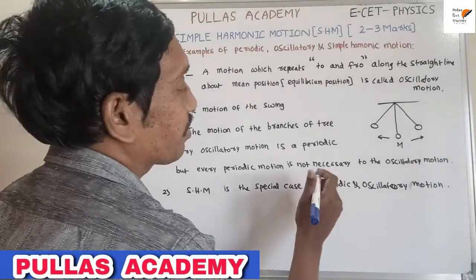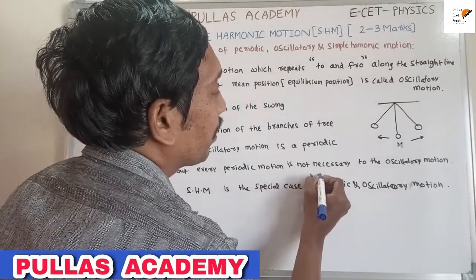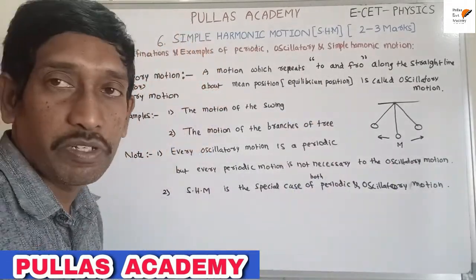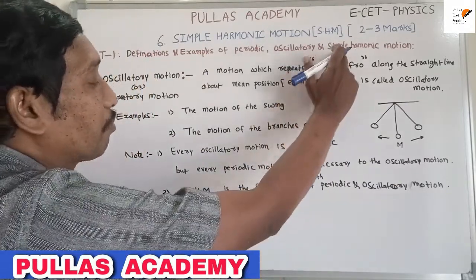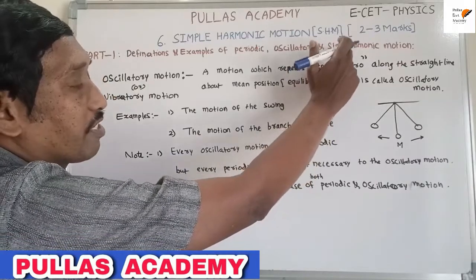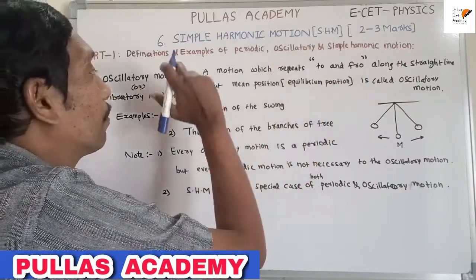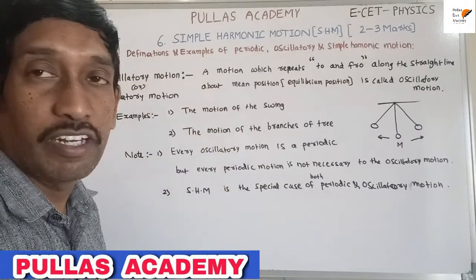That means a special case of both periodic and oscillatory motion. That's an important word. Now we are going to discuss simple harmonic motion: it is a special case of both periodic and oscillatory motion.